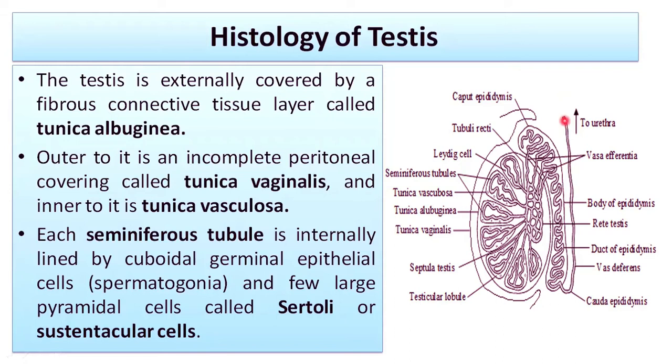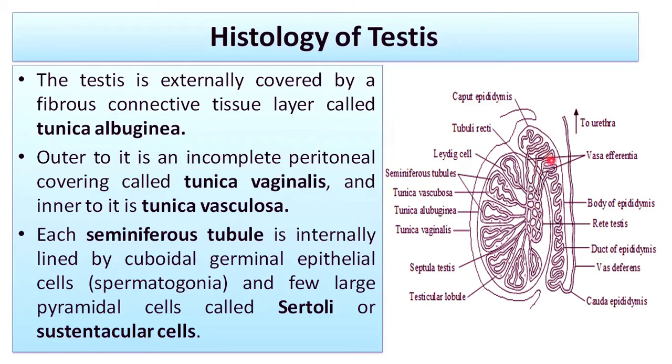The germinal epithelial cells are in the next diagram. So this is the way the sperm passes internally. As I explained before also, the seminiferous tubules are there. Then sperm will transfer to the rete testis, and then from the rete testis through the vasa efferentia.